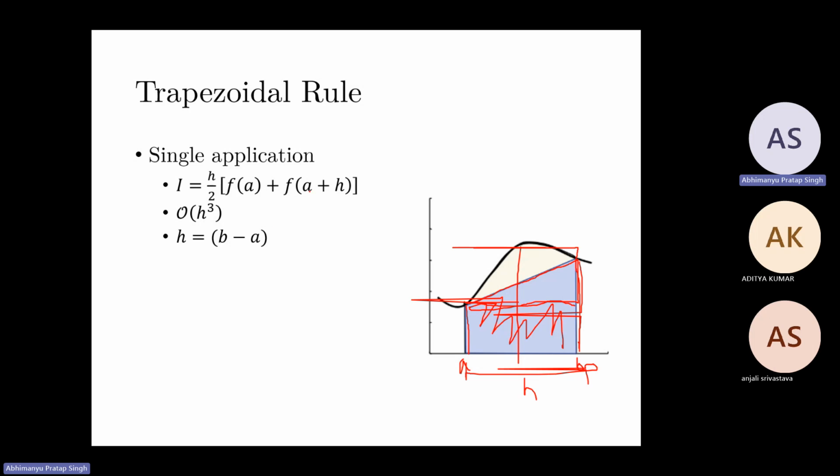So I'm writing my B as A plus H, so my H would be B minus A. If I'm approximating the entire curve using only 2 points, in that case my H would be B minus A. And the order of accuracy for this method is H cube.